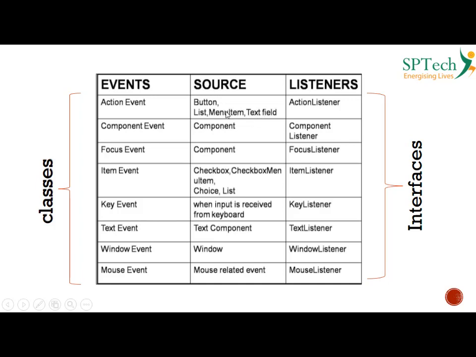Now these source objects would be interfaced with these listeners, the ActionListener interfaces. So whenever you are associating an ActionEvent class with an ActionListener interface, you are working on these components, that is button, list, menu item, text field, etc.